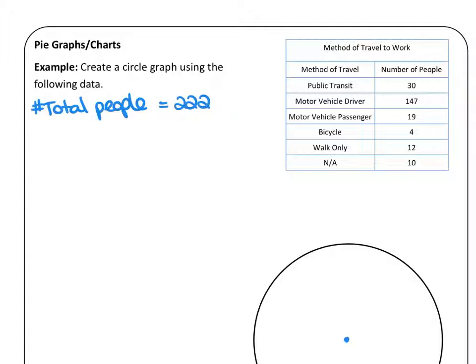Now, in order to do the pie chart, you basically need to find out what percent each of the categories takes up, and then we're going to make a piece of pie that represents that percentage. So for every single one of these, we're going to take the number. So I'm going to do public transit first, and we're going to take 30, divide it by 222 to get our percentage.